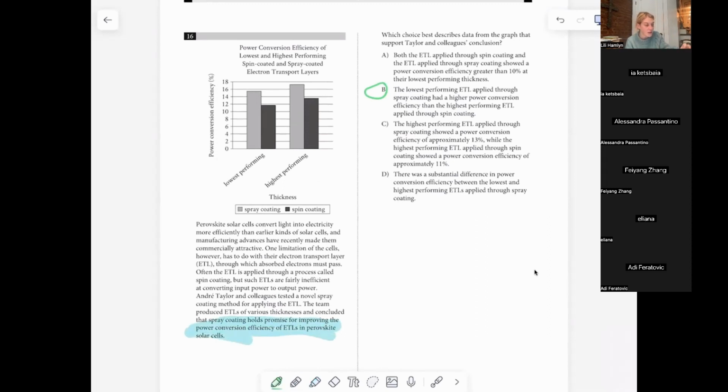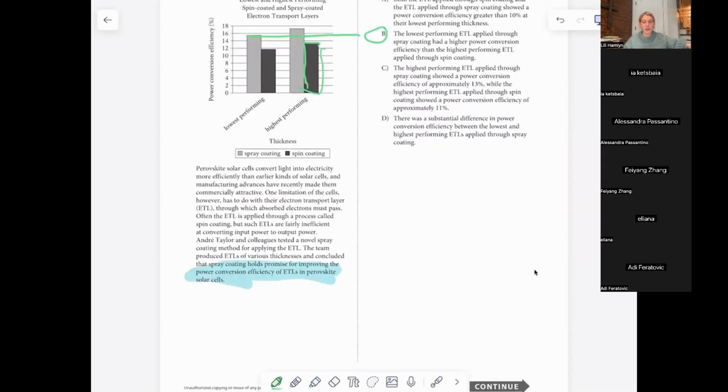And so here the lowest performing ETL applied through spray coating had a higher power conversion efficiency than even the highest one through spin, right? It's even higher than this one through spin. So that supports it. All right, great.